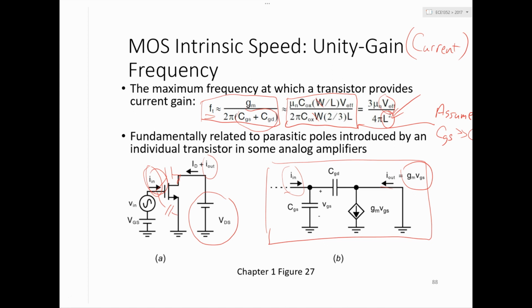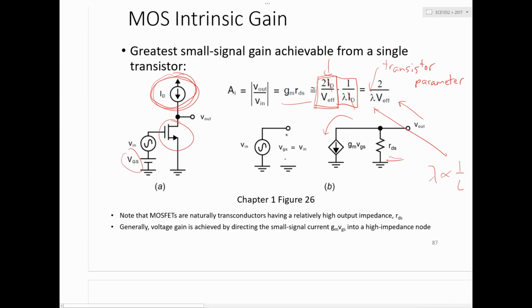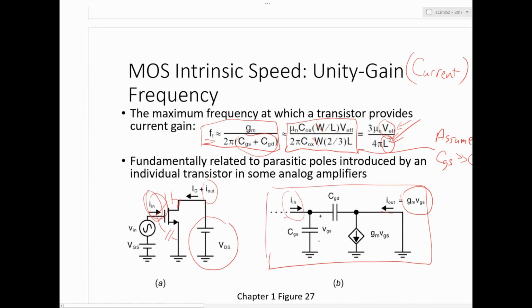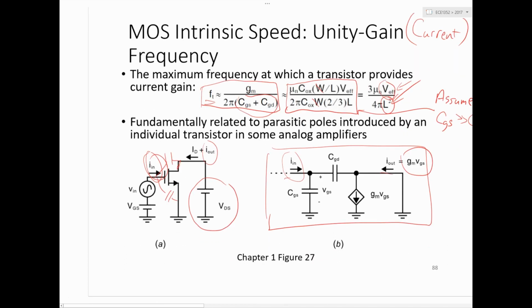Make W small, make L small. But it's nice writing it in this form because you see now the V effective is in the numerator, whereas a second ago it was in the denominator. And L over here is in the numerator for gain, whereas over here it's in the denominator. So it clearly illustrates the trade-off, the gain bandwidth trade-off.